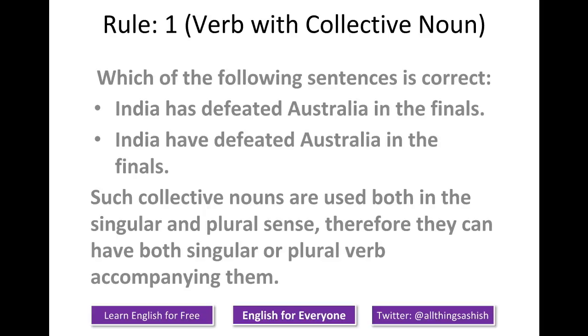But if I say India and I mean all the 11 players playing within Team India, then I better use India have defeated Australia in the finals. And during cricket commentaries or news telecasts, the broadcasters and news presenters are mostly referring to all the players within the team. It's a team game, cricket, as we know.